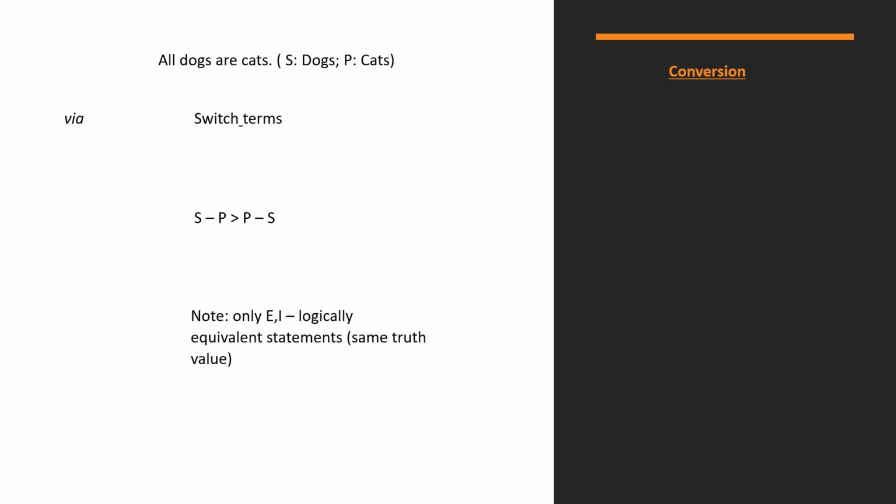Now, with this kind of inversion, it is stated that only propositions E and I will show logically equivalent statements because they share the same truth value. And let's see how it works and what the meaning of it is. Now, to show what that means, we'll get the proof, which will lead us back to the distribution of terms.